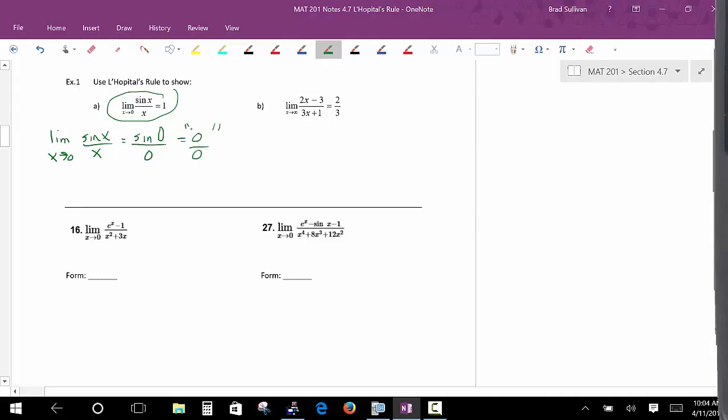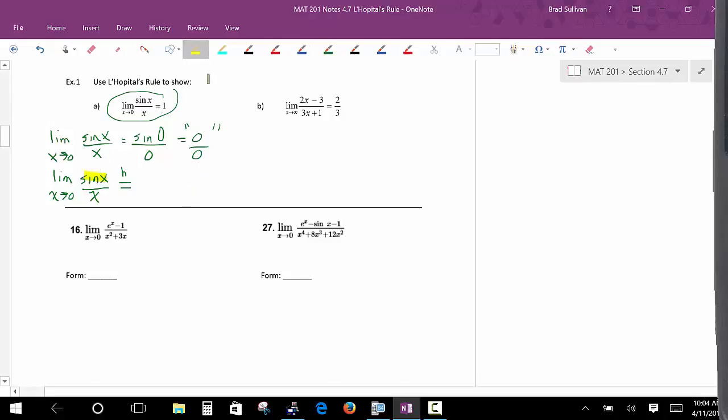Make sure it's that. Now, when you do L'Hopital's rule, here's basically what you do. You say the limit as x goes to 0 of sine x over x equals, and I like to put a little h there, this is my notation, because it's by L'Hopital's rule. We do the derivative of the top and bottom.